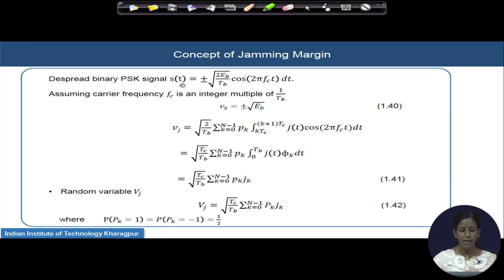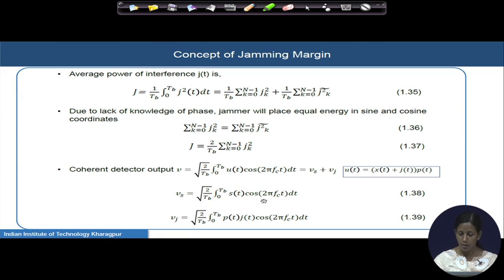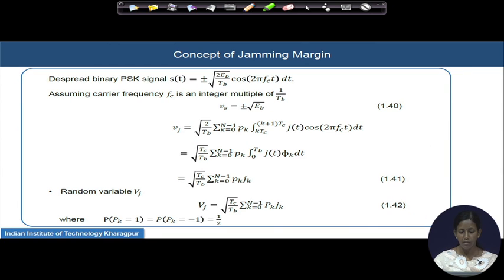Now, if I proceed further, we understand that the discrete PSK signal is given by this, which we considered at the beginning. If I substitute this value of s(t) in equation 1.38 and complete the integration, I end up with V_s equal to plus or minus square root of E_b, considering that the carrier frequency is an integer multiple of 1 by T_b, and not considering the higher frequency terms.